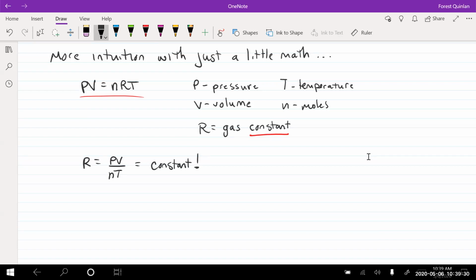This ratio right here is constant. What I want to do is talk about what is commonly called the individual gas laws, and I'm only going to do it qualitatively. We'll do the numbers next time.